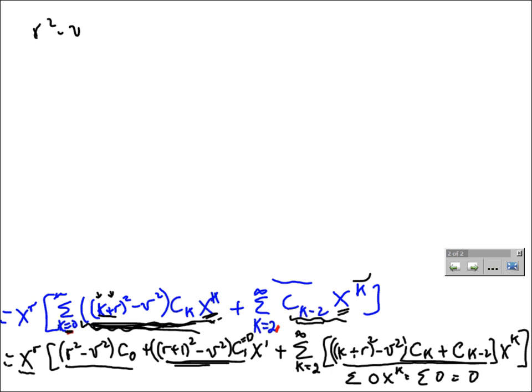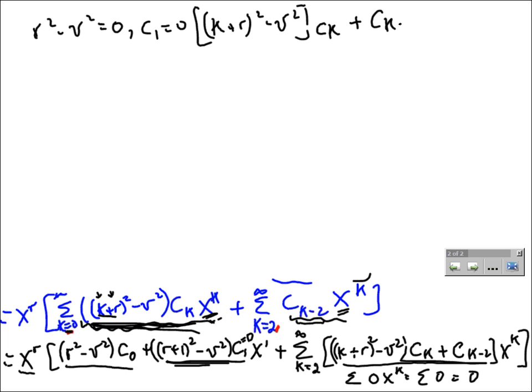We have r squared minus v squared should be 0. c1 is 0, and that big mess, k plus r squared minus v squared all times c sub k, plus c sub k minus 2 should equal 0.